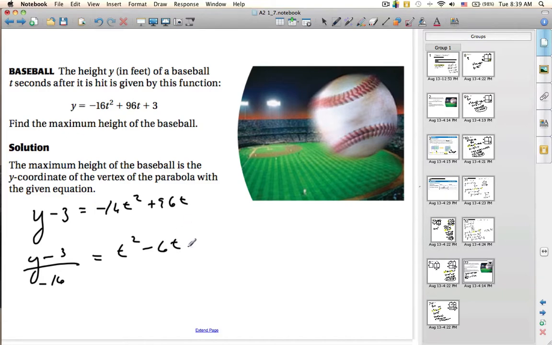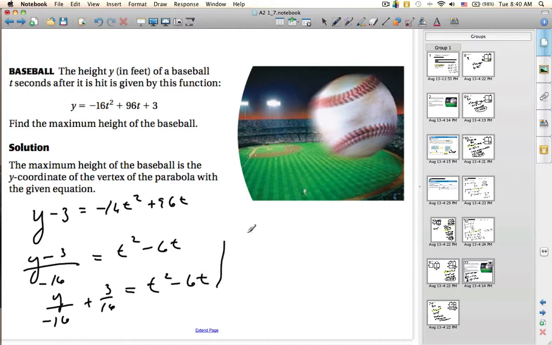If I go ahead and distribute some of this division over here, I'll have y over negative 16 plus 3 over 16. This is going to be equal to t squared minus 6t.